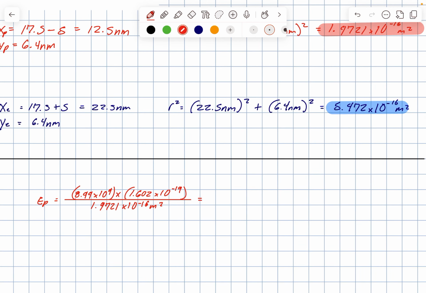So when you solve that, you should get the electric field equaling 7.31 times 10 to the 6th.